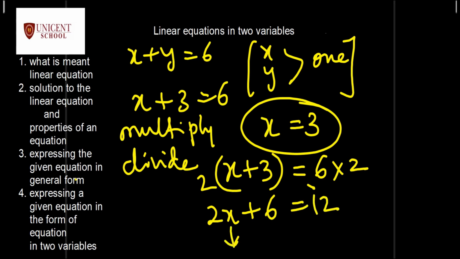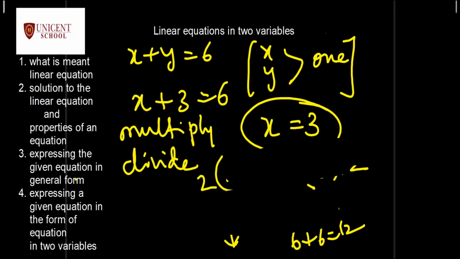So what should be in the place of x so that it satisfies the given equation? Obviously, it is 3. That is 2 into 3 will give us 6, 6 plus 6 will give us 12. That means if I multiply a number on both sides, its value, that means the solution of the equation, will not get affected.